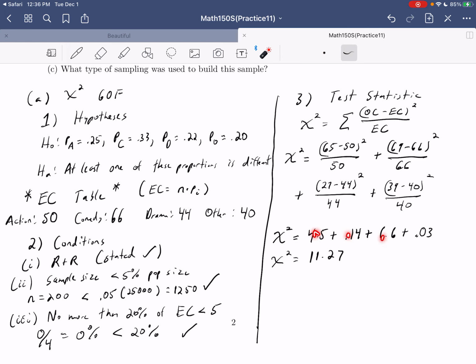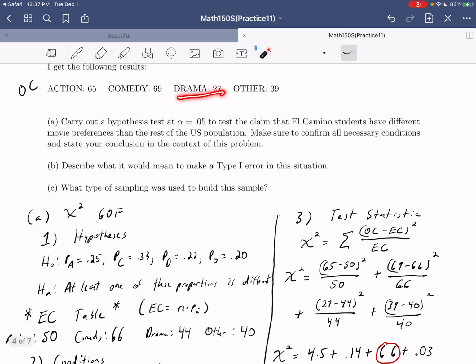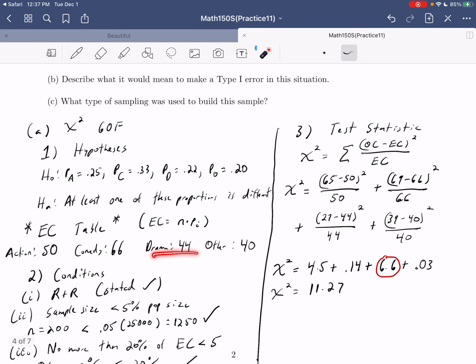Again, why do we take the time to write out all of these separately? Well, this tells us that if there is evidence, where that evidence is coming from. We can see, like in this case, that the largest one came from this 6.6, which was our third calculation right here. That's where we observed 27 choosing drama against an expectation of 44. That was, according to our calculation, the biggest difference between what we observed and what we expected.